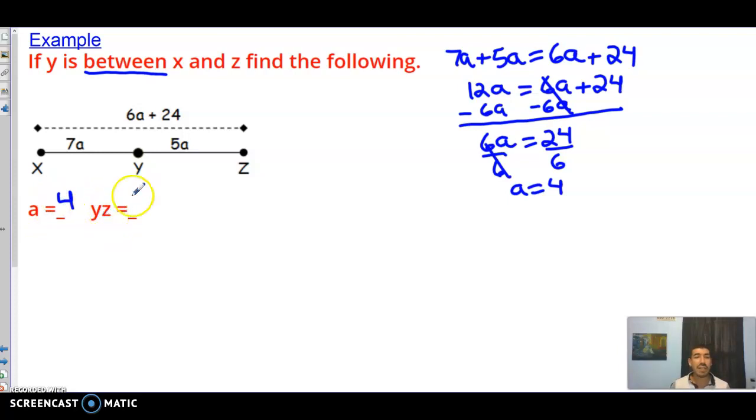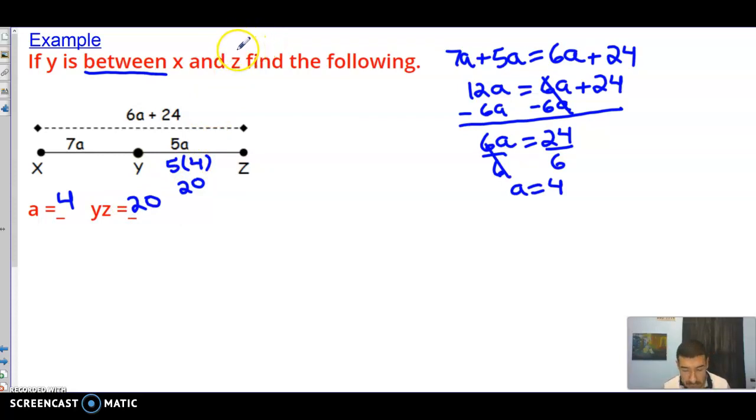So to get yz, this piece of the segment, the right piece of the segment, all I have to do is plug it in. 5 times 4 equals 20. So my answer is 20. Okay? My answer is 20.